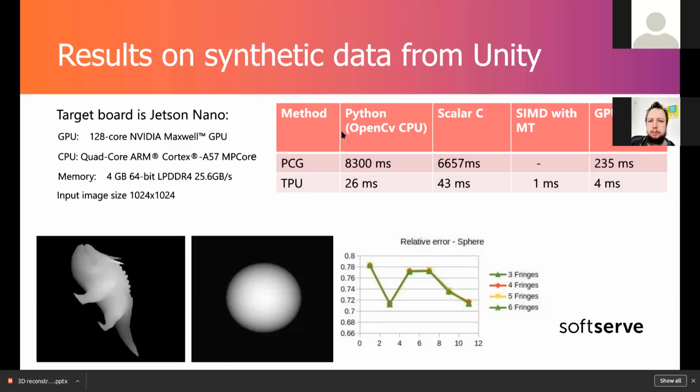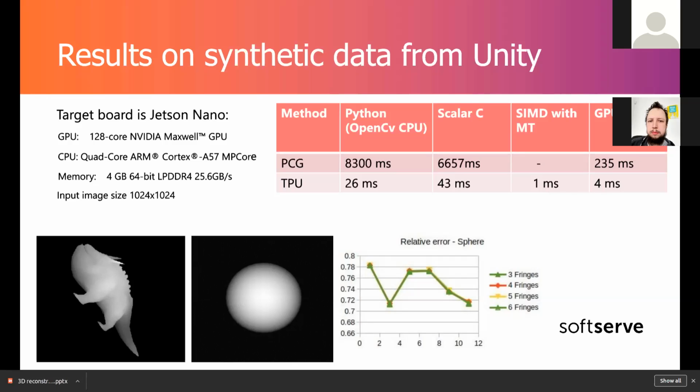For example, for input image size 124 by 124, we reached quite a good result using temporal phase unwrap: 1 millisecond on the ARM processor, and surprisingly on the GPU it was four times slower.